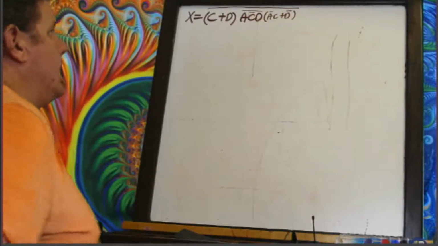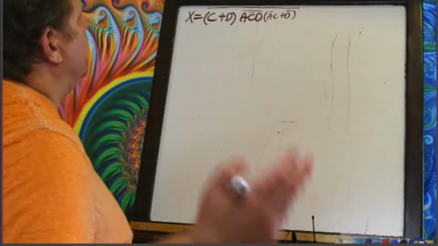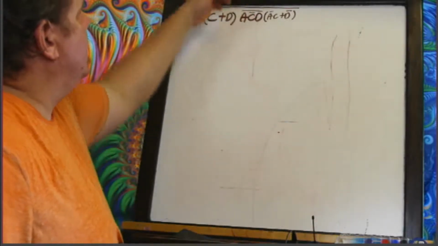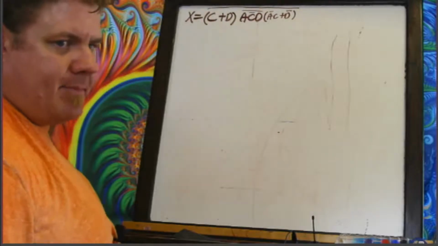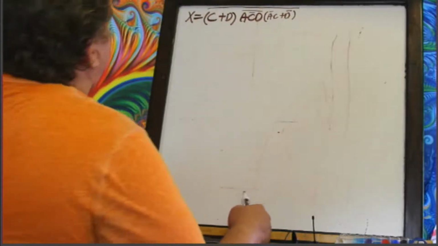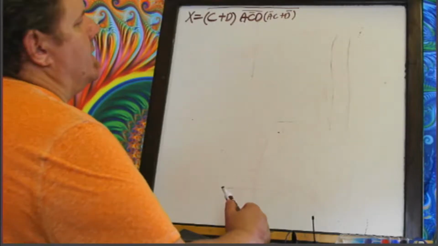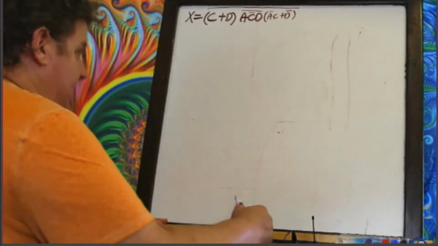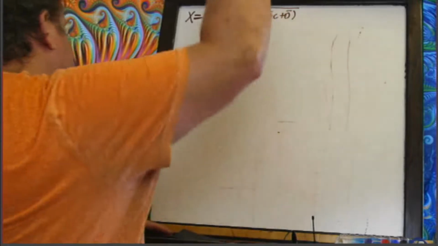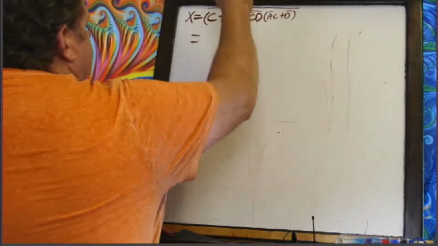Okay, again, I can go one of two ways. I can go inside out this way and worry about this first, or I can go top down, okay? This one, I don't think it matters. I don't think there's a good strategy. So I'll just go top down. Okay, so I'm going to break the bar, change the sign.